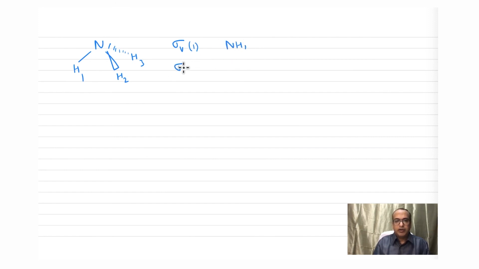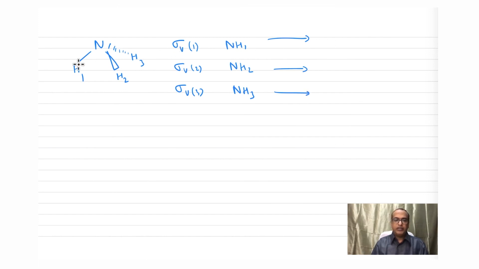Then there will be sigma V2 which is passing through NH2, and sigma V3 which is passing through NH3. So let us see the result in each of the cases.